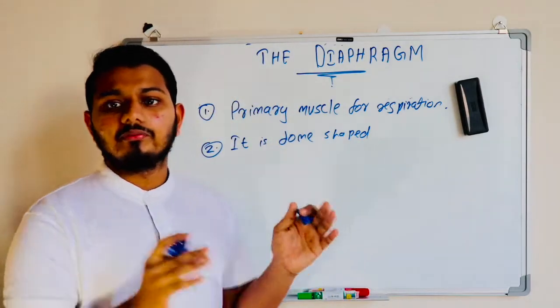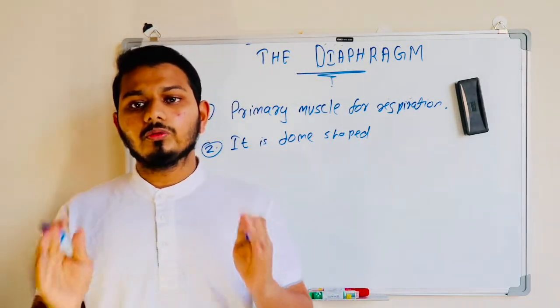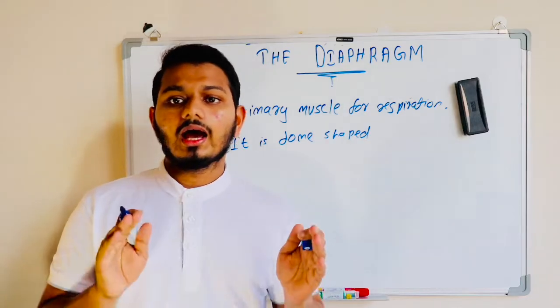This diaphragm is divided into two parts. There is a muscular part and there is a peripheral part.